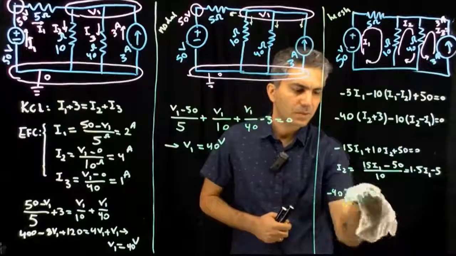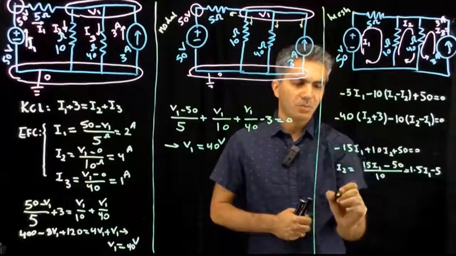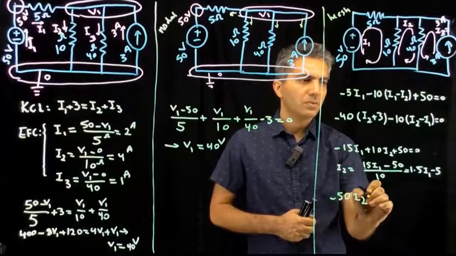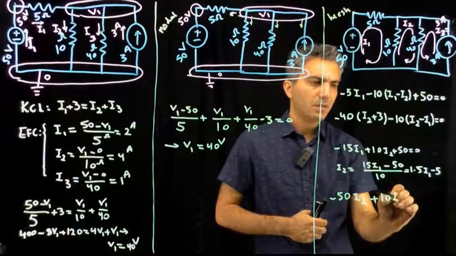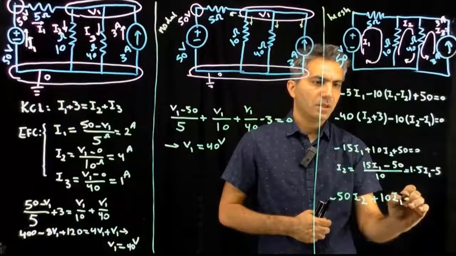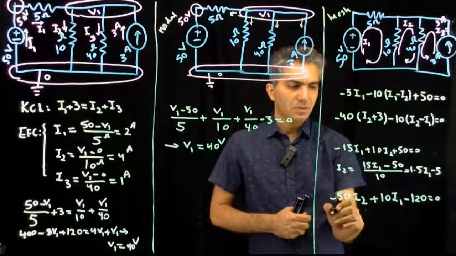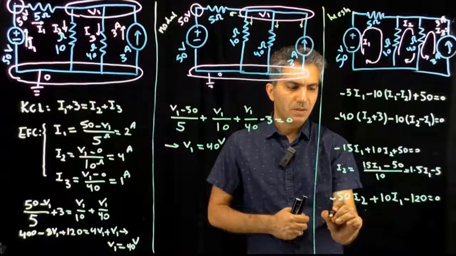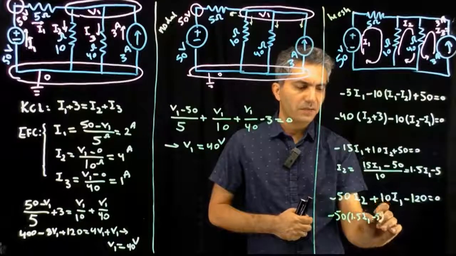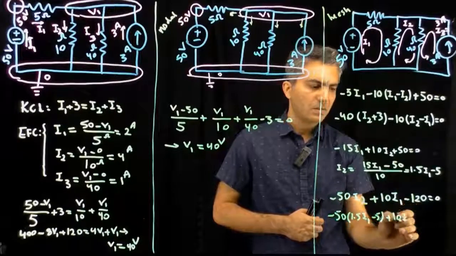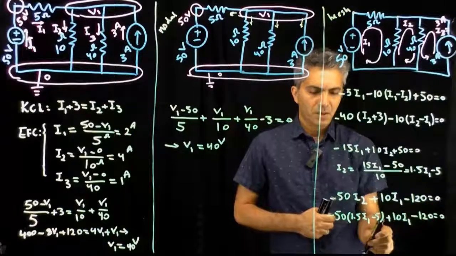that's actually, so minus 40 I2 minus 10, it would be minus 50 I2 plus 10 I1 minus 120 is 0. I put that equation here, so that becomes minus 50 times 1.5 I1 minus 5 plus 10 I1 minus 120 is 0.